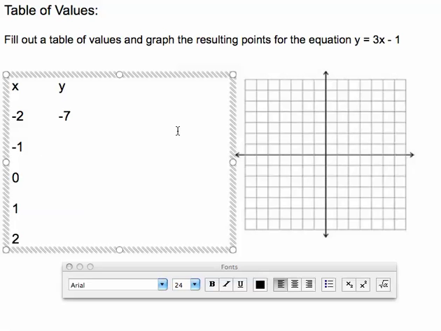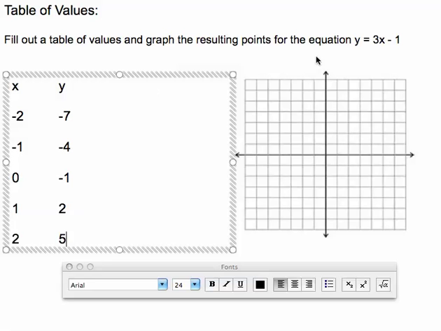When you substitute in -1, you get 3 times -1, which is -3, minus 1 is -4. 0 times 3 is 0, minus 1 is -1. And by now you should notice the pattern, how it's increasing by 3 each time. So you could probably just intuitively put these y values in, so you know this is going to be 2, and this last one should be 5.